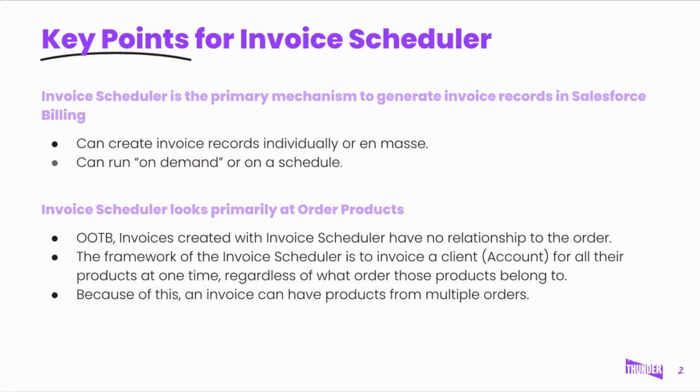So you can have an invoice that spans multiple orders. Because of this, you cannot have a direct relationship between the invoice and an order, because an invoice can have invoice lines that relate to order products on very different orders, and not any one particular order.